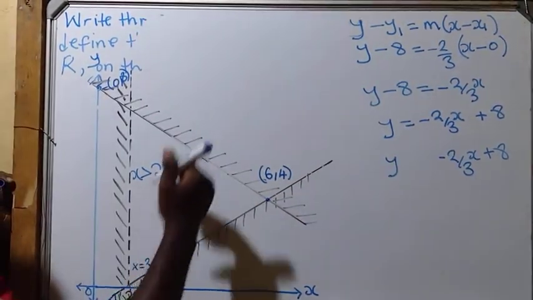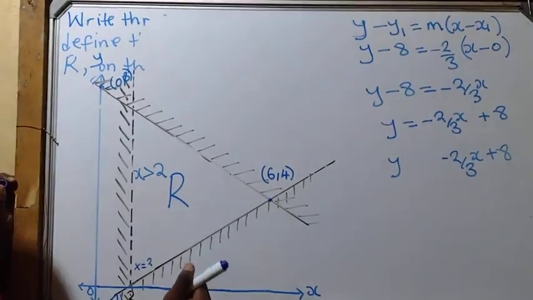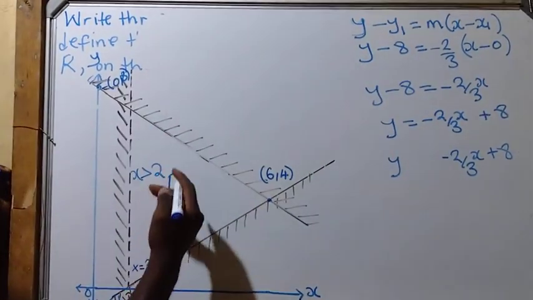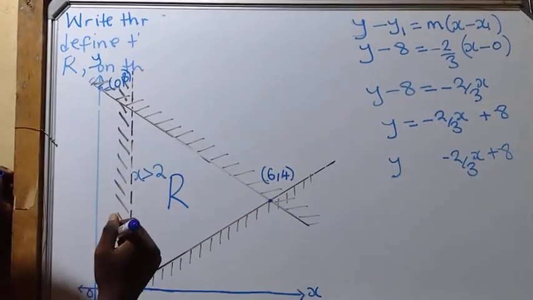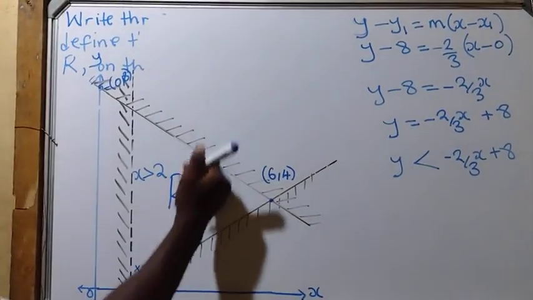Less. The upper region is greater, the lower region is less. So the shaded part is greater. Now I want to describe the unshaded part, which is the opposite. So it will be less than.